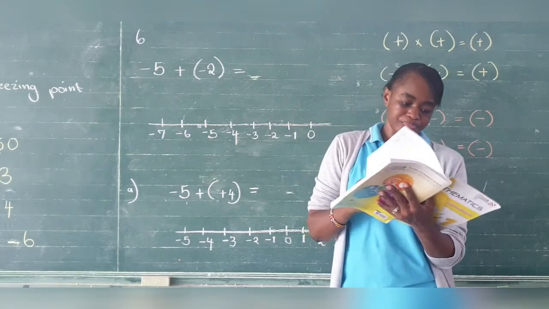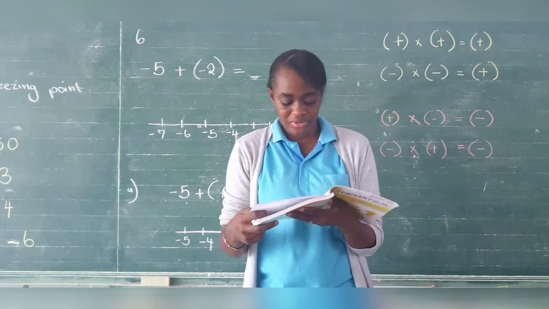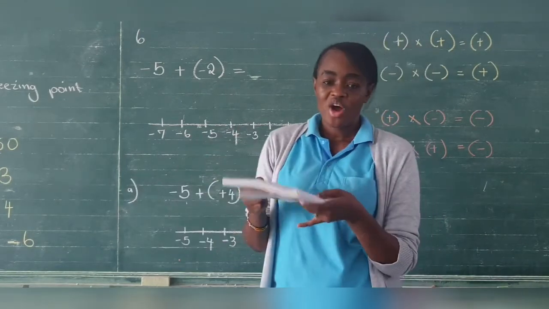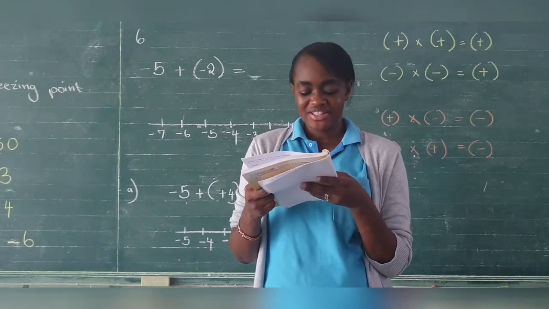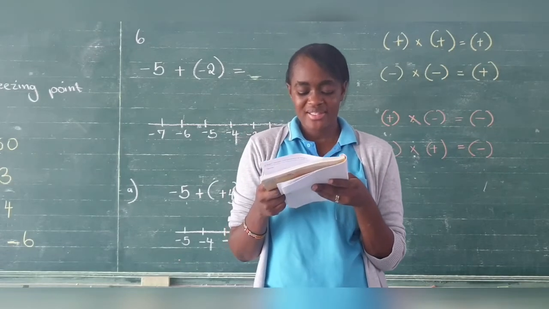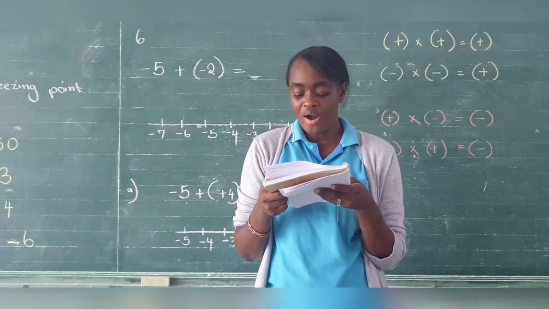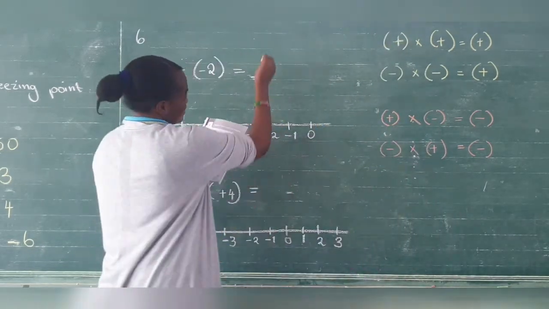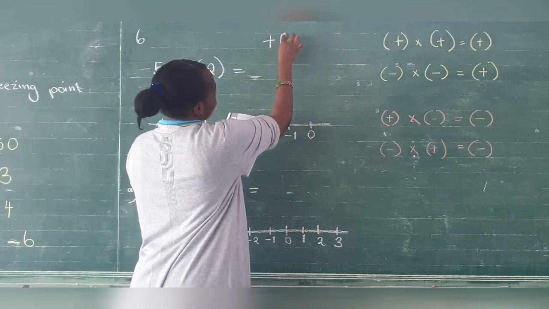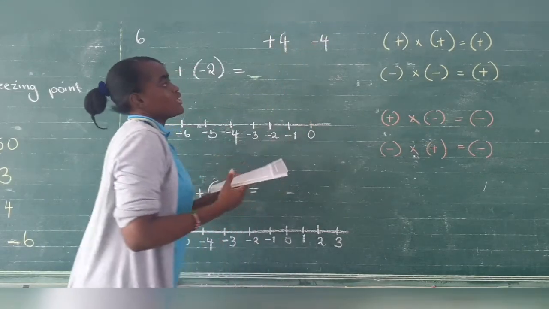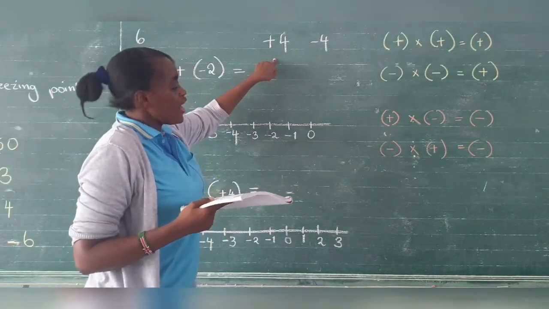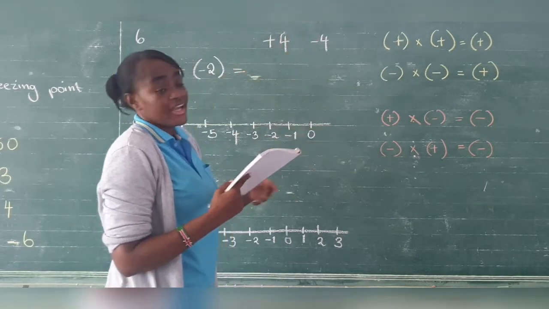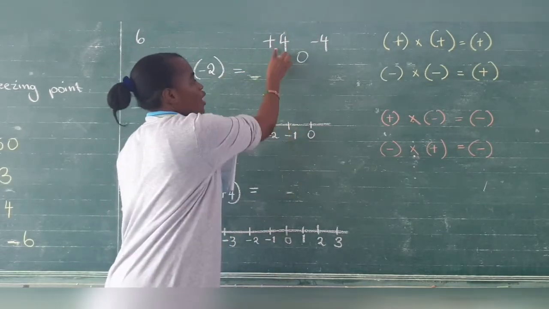Before we go to an example, open your book on page 1. What is an integer? An integer is a whole number that has a positive sign or a negative sign, including 0, 1, 2, 3.